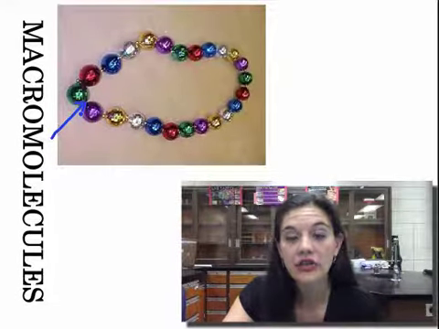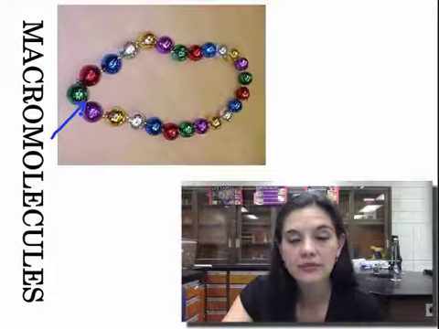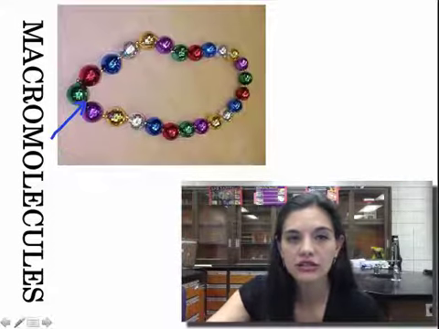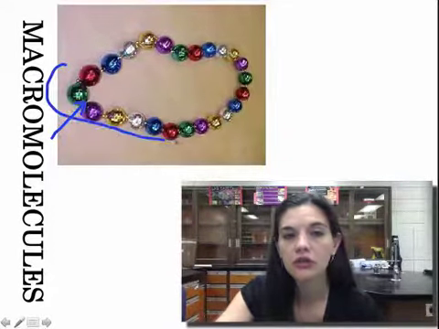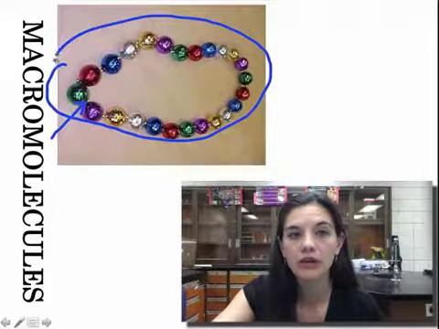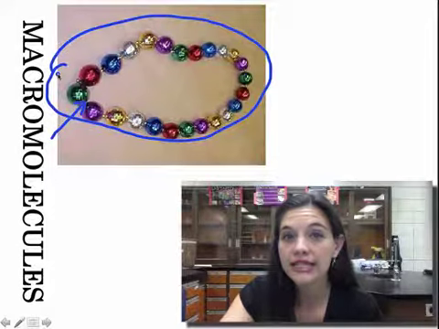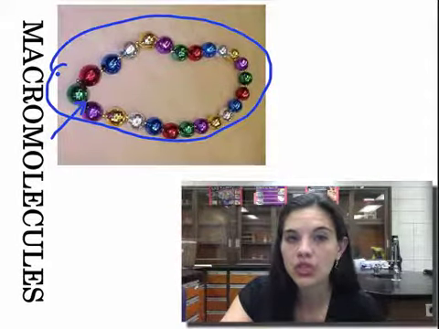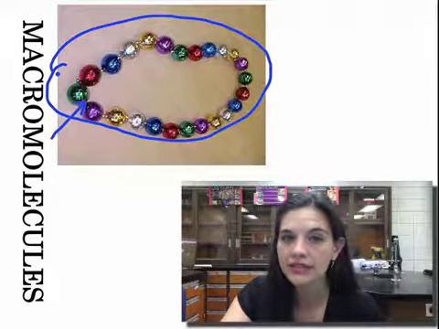That's right, they're the monomers, the little pieces. So then I want you to think about this entire necklace, this whole necklace here. Would this necklace represent monomers or polymers? It would represent a polymer. It is the larger substance that we made by joining together many smaller pieces.